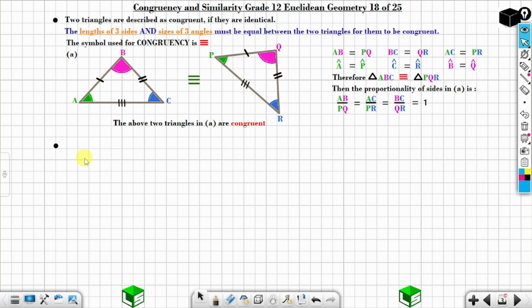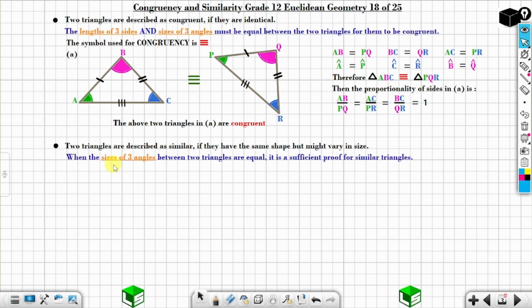Now let's see about similarity. Two triangles are described as similar if they have the same shape but might vary in size. We are going to see about this. When the sizes of three angles between two triangles are equal, it is a sufficient proof for similar triangles.